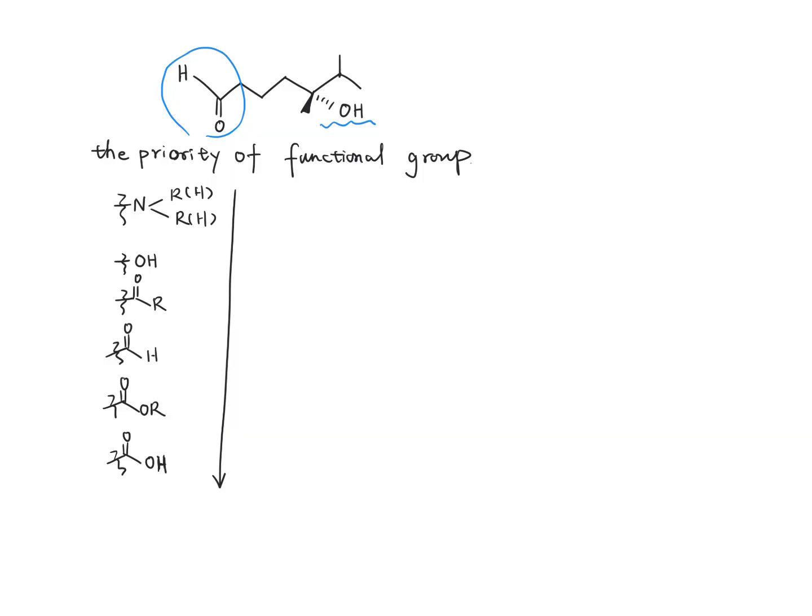Now we are going to follow the IUPAC naming to name this parent chain first. So this is our carbon 1, 2, 3, 4, 5, 6, 7. For the parent chain, we do have 7 carbons. So that will give us a heptanal. Okay, heptanal, with -al at the end.